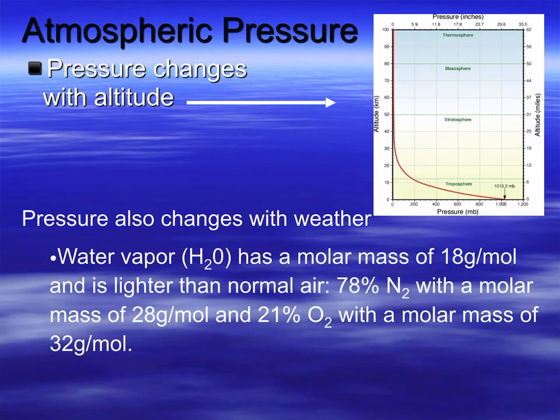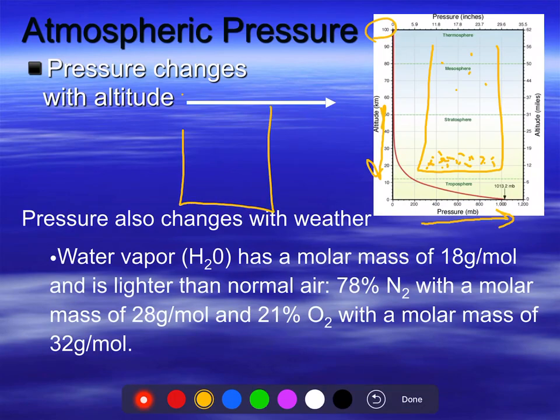Because if you think about air, right, air is full of O2, a bunch of N2, and some CO2, right? And all of those particles are causing the air pressure. And remember, another way of measuring air pressure is measuring the weight of all of those particles.